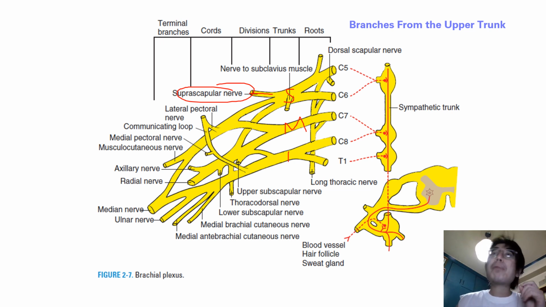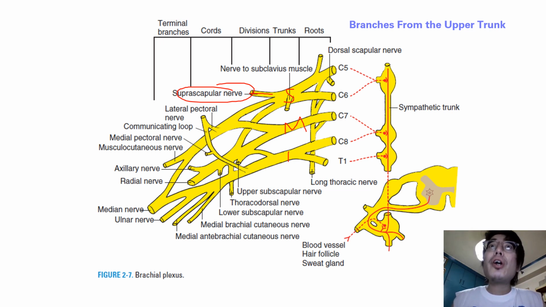The suprascapular nerve supplies the supraspinatus muscle and the shoulder joint, and then it will descend through the notch of the scapular neck to innervate the infraspinatus muscle. So we remember that the suprascapular nerve innervates both the supraspinatus and the infraspinatus.